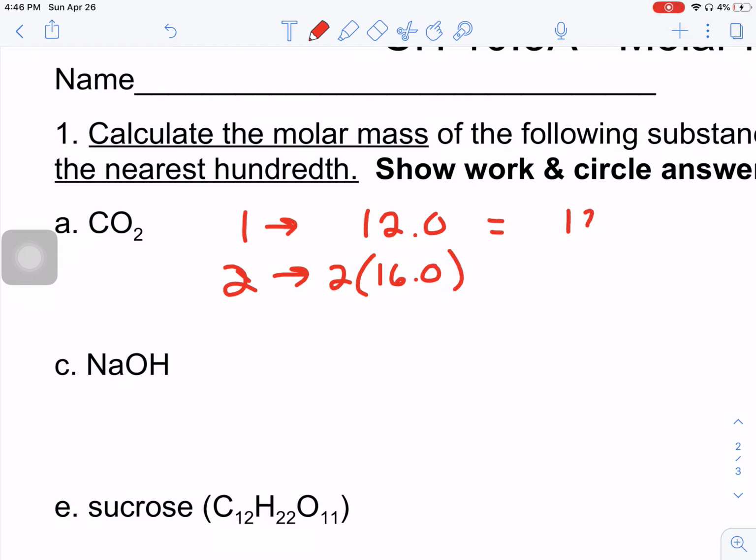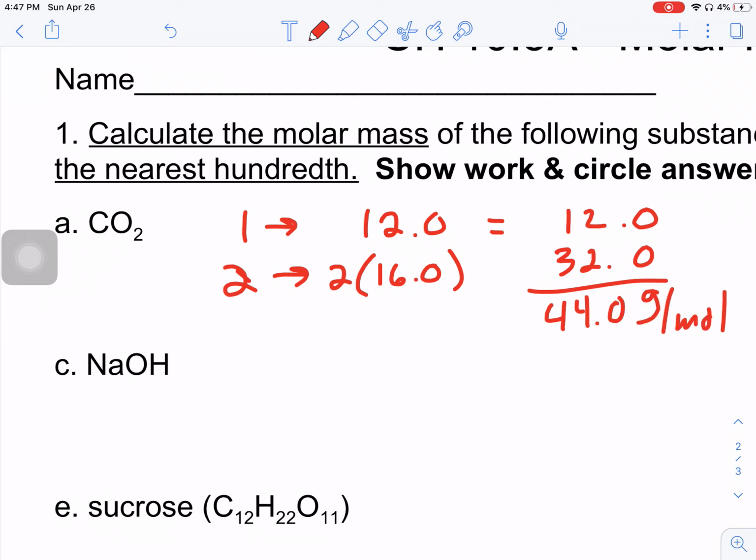If we do that, we get 12.0 plus 32.0, and adding them together, we get about 44.0 grams per mole. You'll notice that I am going to the tenth of a gram. I would like you to go to 2 decimal places. I'm only going to 1 decimal place just to keep things simple.